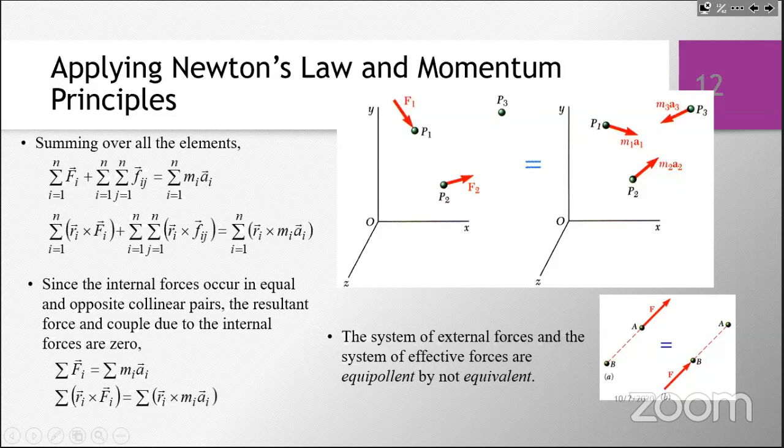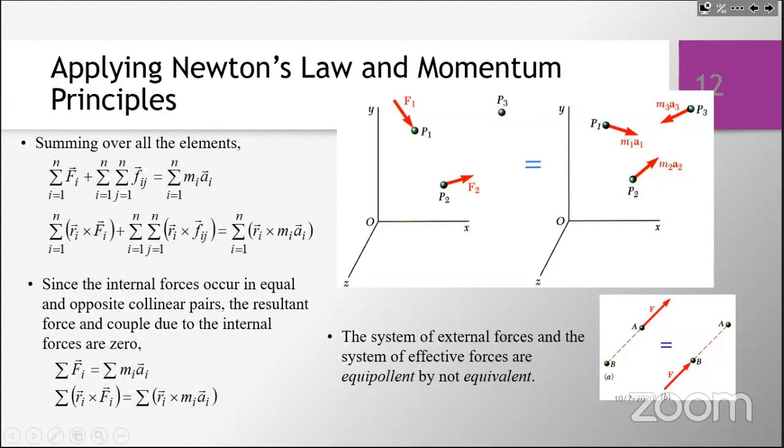Unlike a single particle, though, the reason we have this rotation is because this whole group of particles could rotate about the center of gravity or the center of mass of that system of particles. Does that answer your question? Anybody else have any questions?